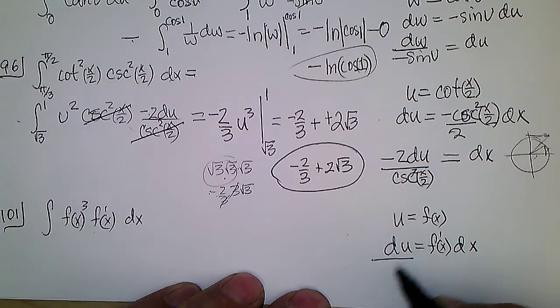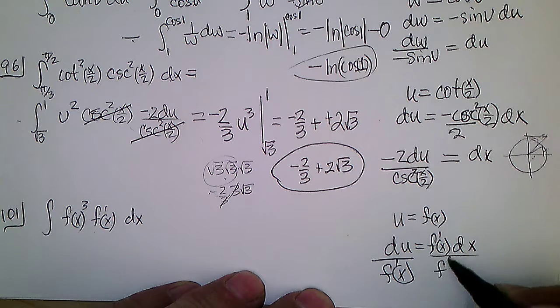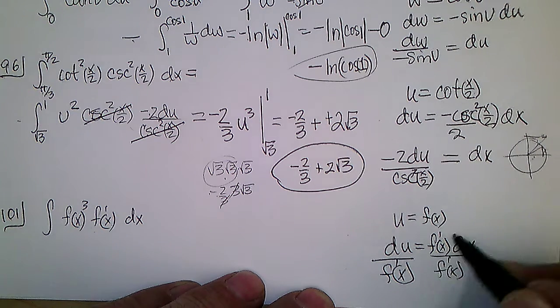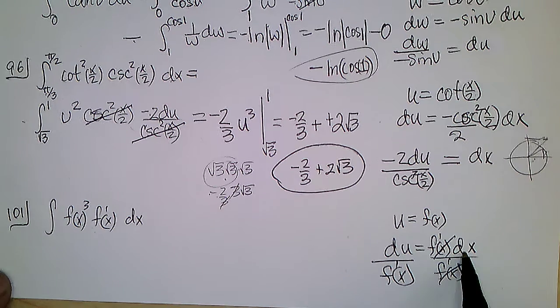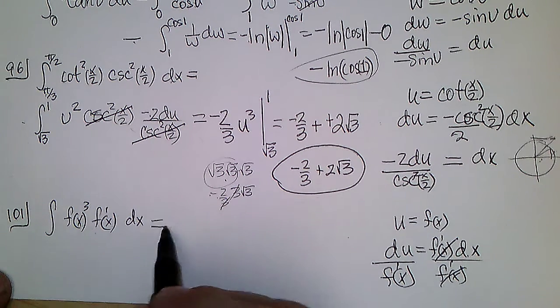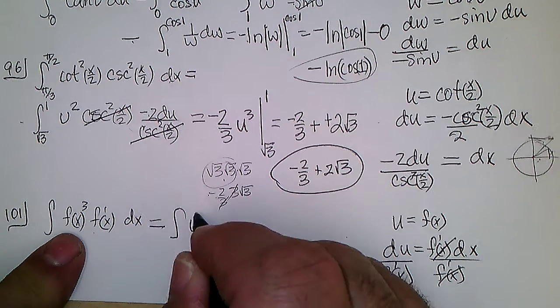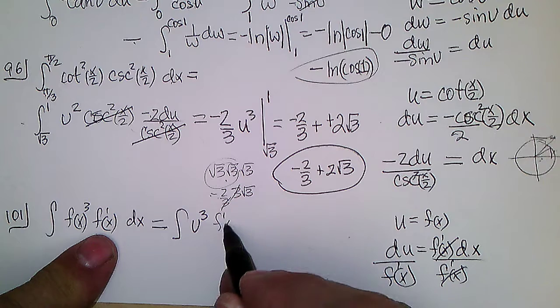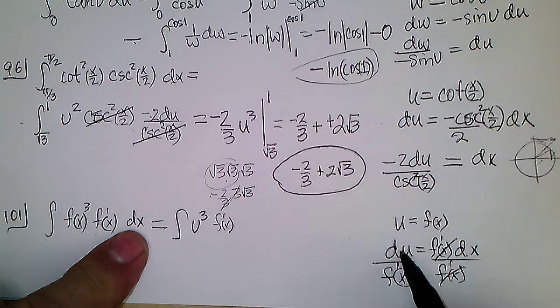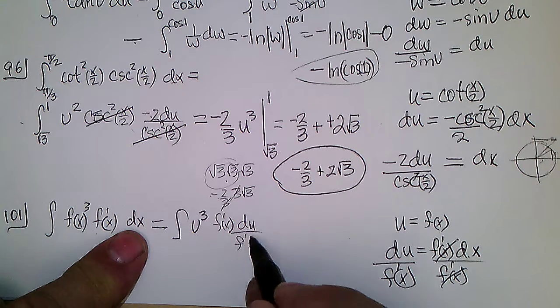So dividing by f prime of x, du over f prime of x is what I'll replace dx with, and so this becomes the integral of u to the third f prime of x dx is du over f prime of x.